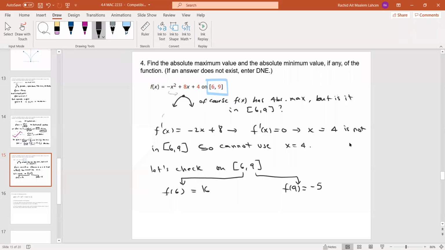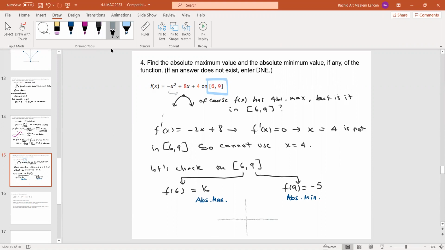So for this interval, it looks like we have an absolute max here, and we have an absolute min here.